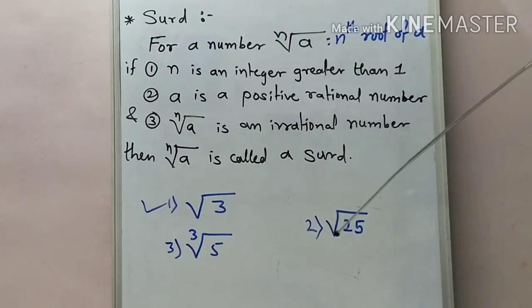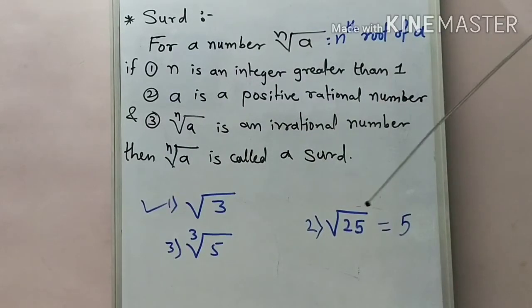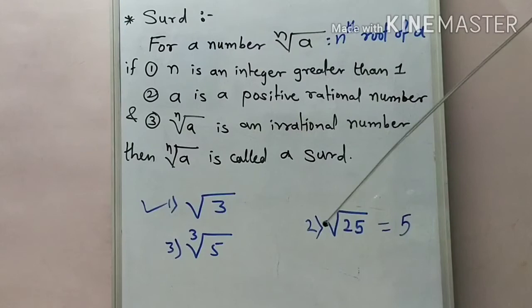But as we know, the value of root 25 is 5, which means it is a rational number. So the third condition is not satisfied, and hence the given value root 25 is not a surd.